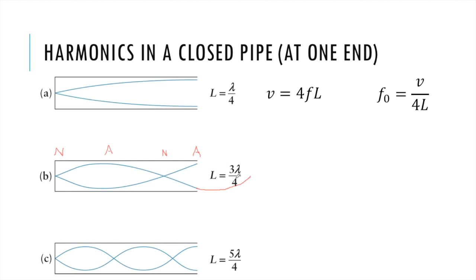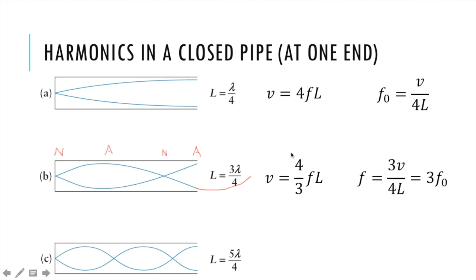What that means is if I solve for wavelength, I would get 4L divided by 3. I stick that in my wave equation, and I do 4L over 3 for my wavelength times the frequency. I get something like this. If we then solve this for frequency, we see we get 3v divided by 4L.